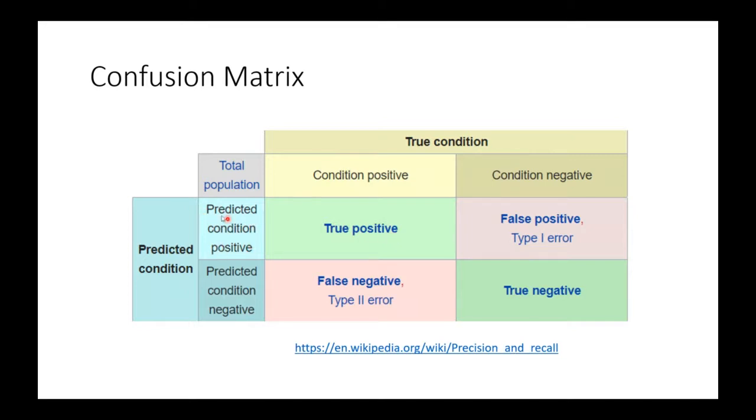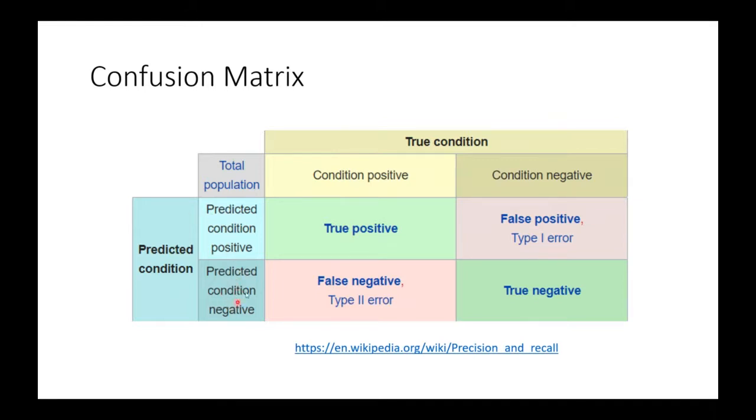If the condition is a dog, a positive condition, but it says that it's instead a cat, this is what I call a false positive, also known as type 1 error. If you're going to work on medical data, they talk all the time about type 1 error rather than false positive, right? And the same thing for the predicted condition.